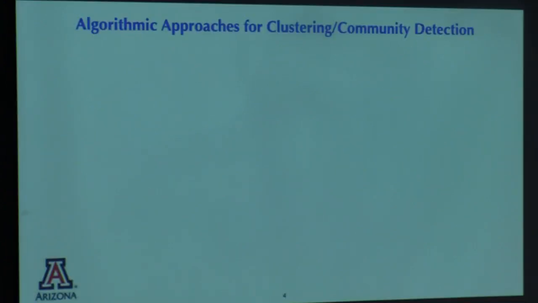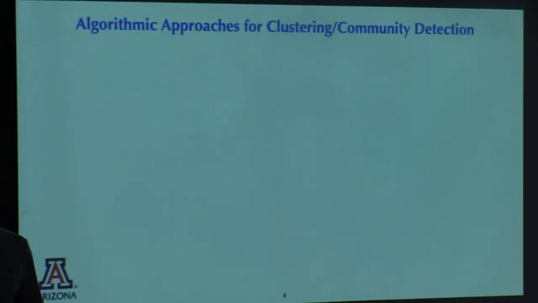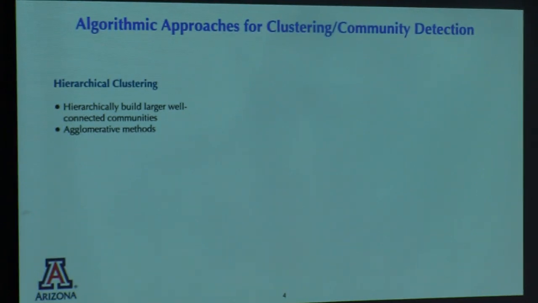So how do we go about detecting whether a network has communities? How can we cluster a graph into different communities? There are three broad approaches to clustering or community detection. The first broad approach is hierarchical clustering, which you can think of as an agglomerative approach, where you start from a small number of nodes and you slowly build a cluster, putting nodes which have similar properties in the cluster.